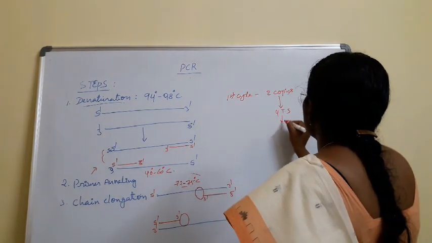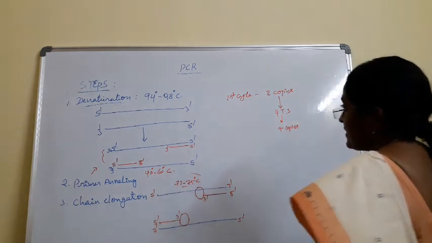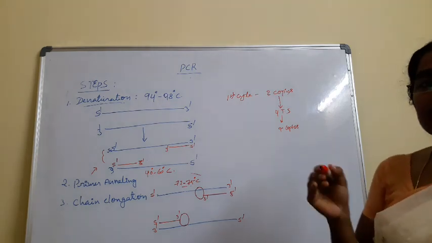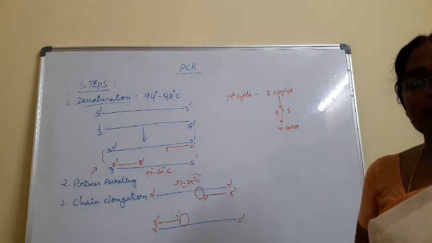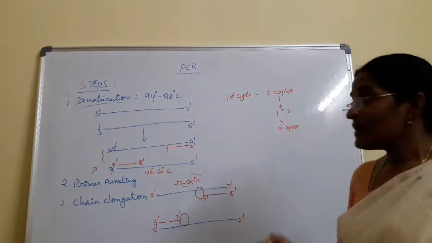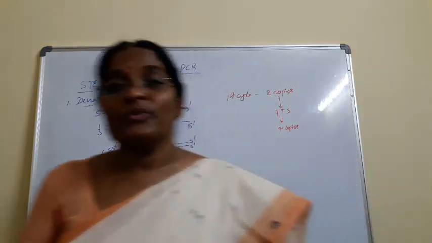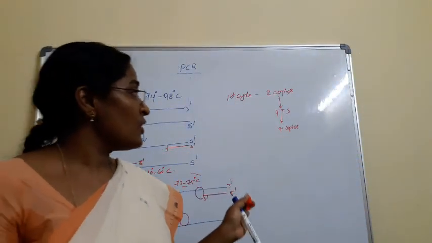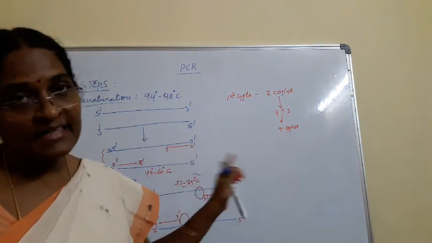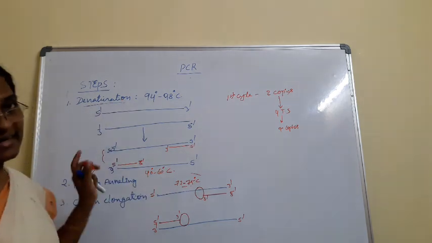Then the next cycle produces 4 copies. In this way, at the end of the PCR, we will get millions of copies of the specific DNA sequence within 2 to 3 hours. This is the PCR technique.